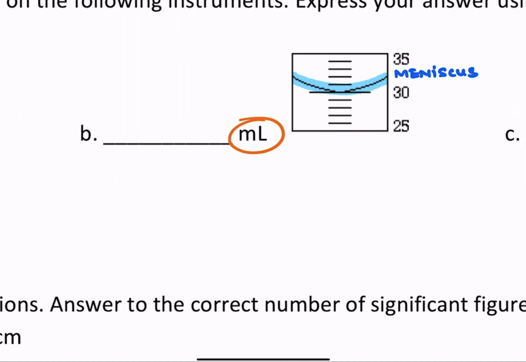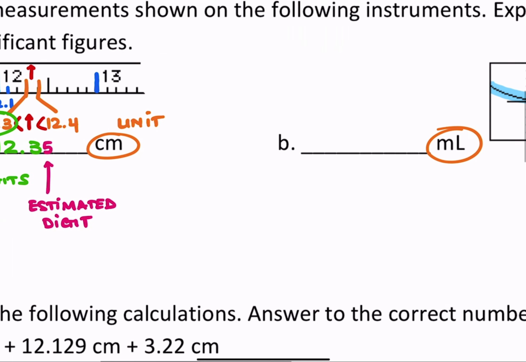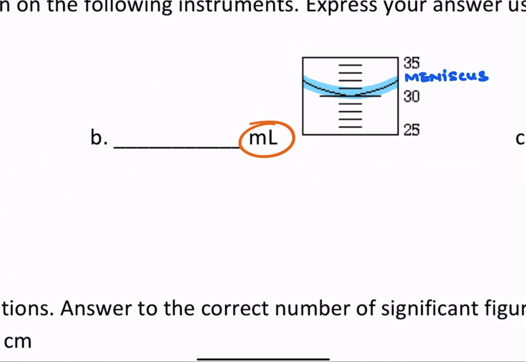Okay, so let's analyze the instrument first. When I analyze this instrument, I see that this is 25, so here 26, 27, 28, 29, 30, 31, 32, 33, 34, 35. My meniscus looks like it's on the 30 line, okay?